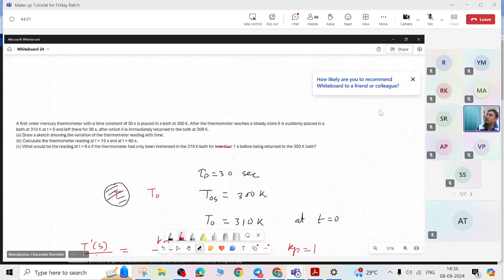So what it means is, for a moment we have put it in, and then we have returned back to the 300 Kelvin bath. So it's an impulse input we have given. Impulse input of magnitude what? 10 degrees, isn't it? Initially it was 300, but then it became 310. So we have given an impulse of magnitude 10.